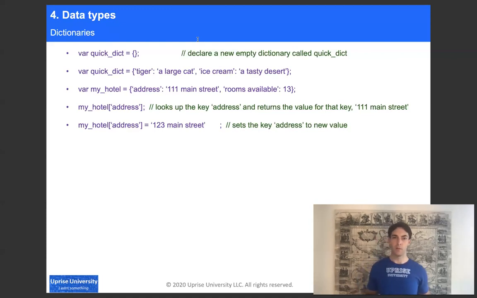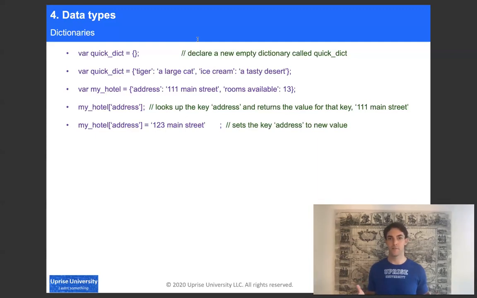So this can be pretty helpful, and you'll see a little bit later why that is. Another way you can do it is for properties. For instance, in the next example, we have a hotel. The key is address. The value for that key address is 111 Main Street. Rooms available is another key, and 13 is an integer that is associated with that key, rooms available.